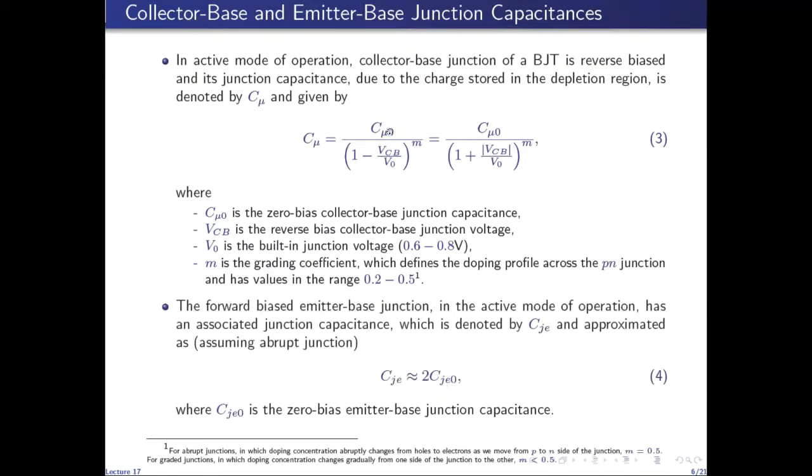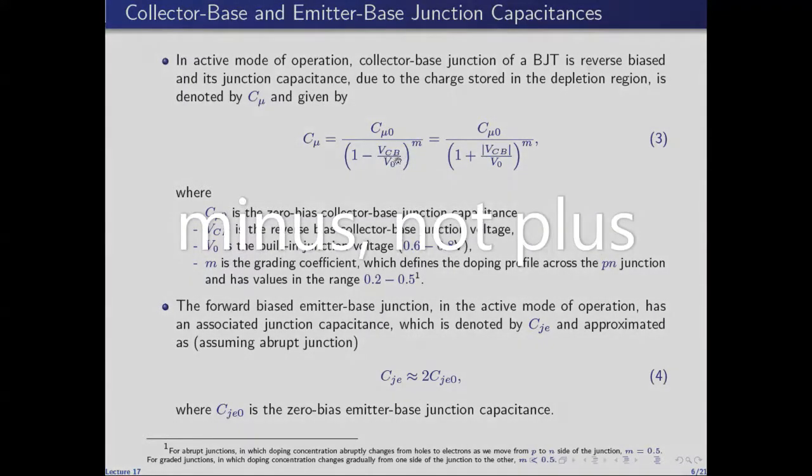So basically you can use this expression in 3 to derive an approximate relation, the approximate relation given here in 4. So instead of minus VCB for the forward bias emitter base junction, we'll have plus VBE here, and M, under the assumption of abrupt junction, will be 0.5.